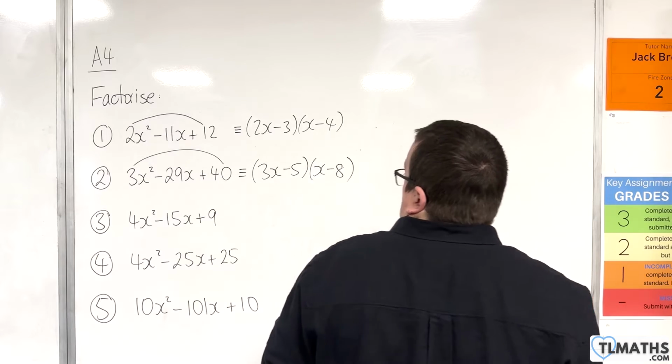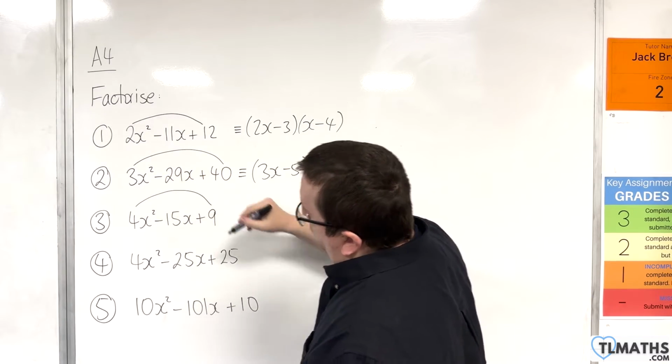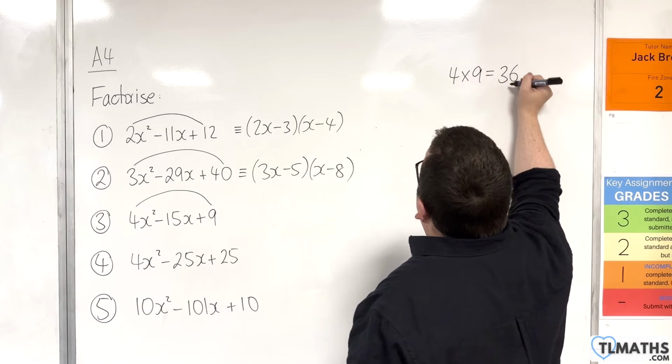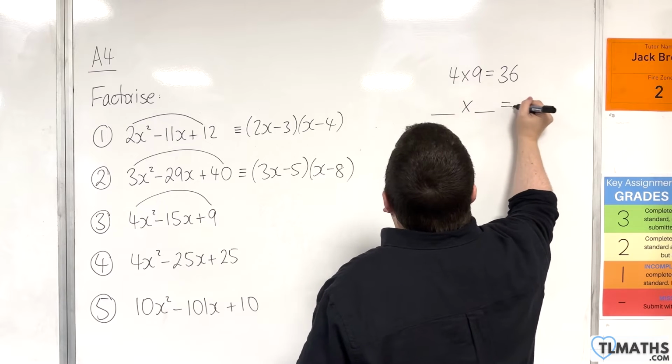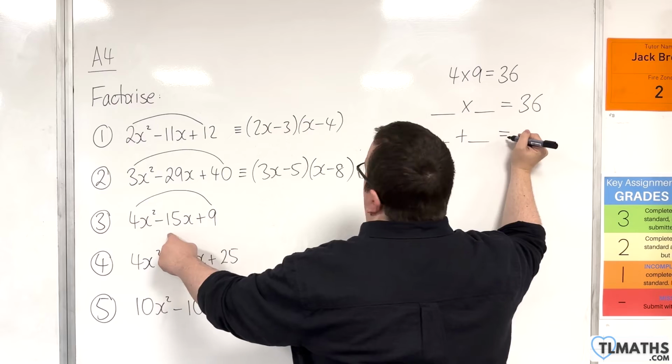Right, number 3. 4x squared take away 15x plus 9. First of all, multiply the 4 by the 9. So that's 36. Two numbers that multiply together to make 36, but add together to make minus 15.